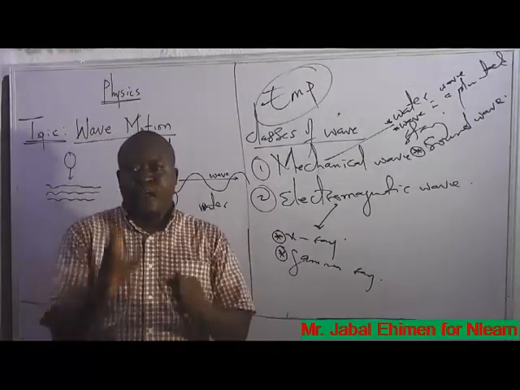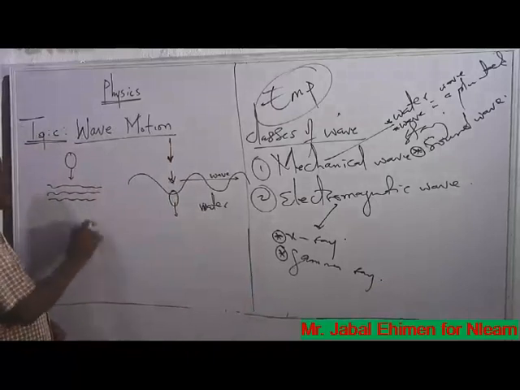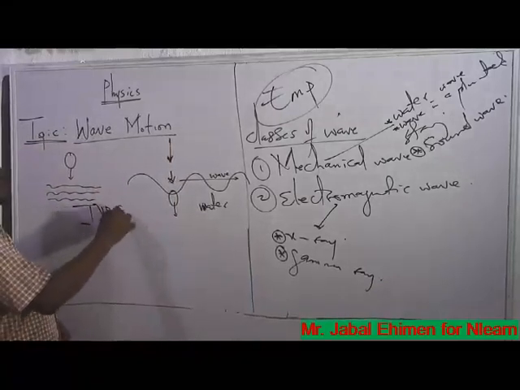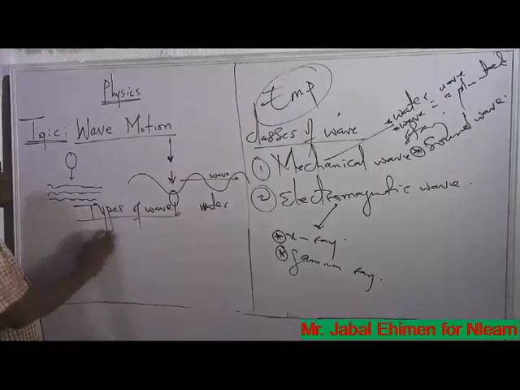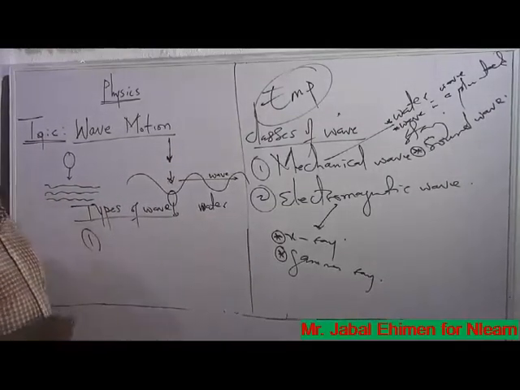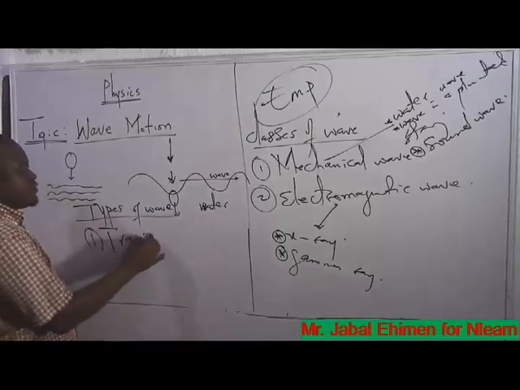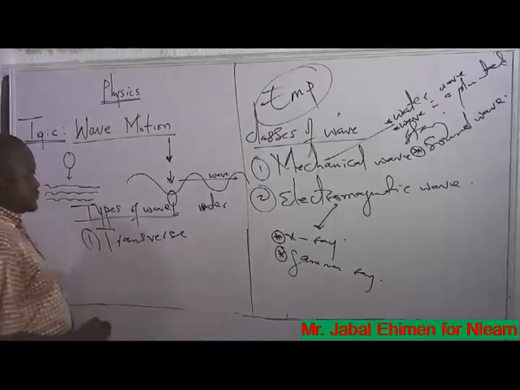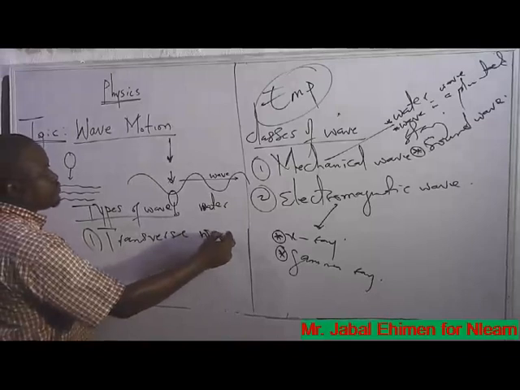Basically, waves are of 2 types. The first type of wave we must remember is called the transverse wave.